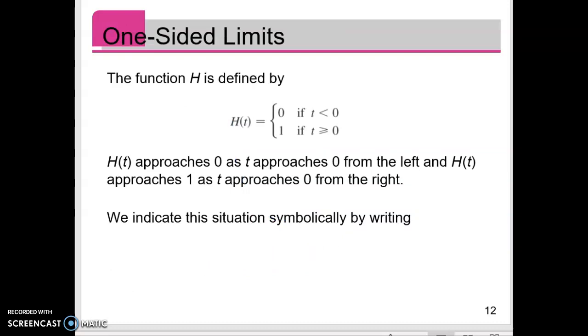All right, here's an interesting function. H is equal to 1 if t is non-negative, that is, 0 or greater, and 0 if t is negative. So we use this function to introduce the topic of right-handed and left-handed limits.